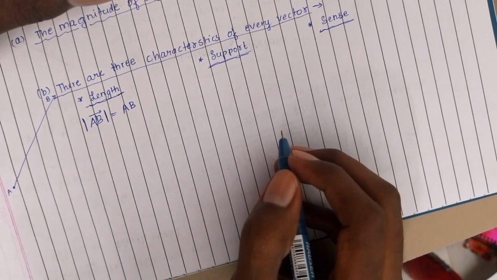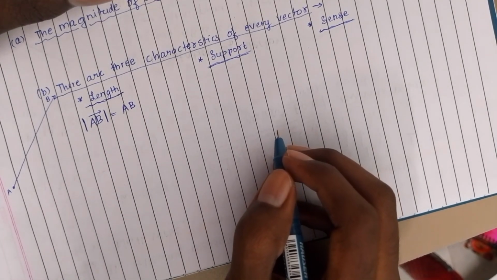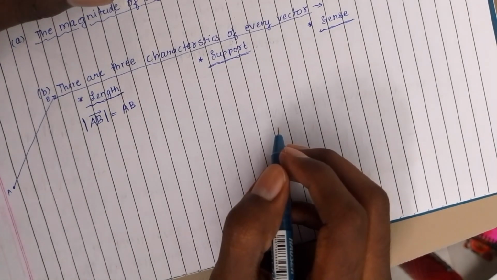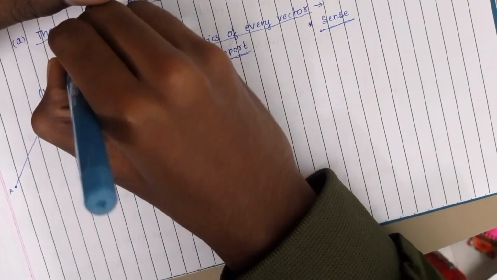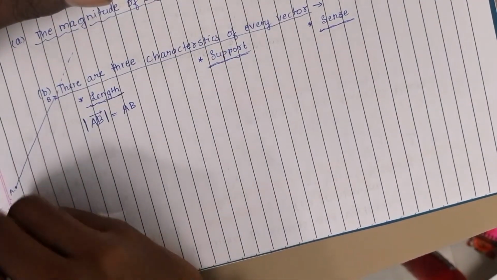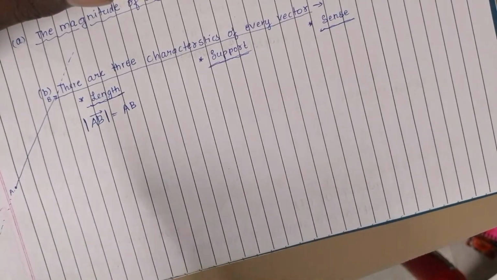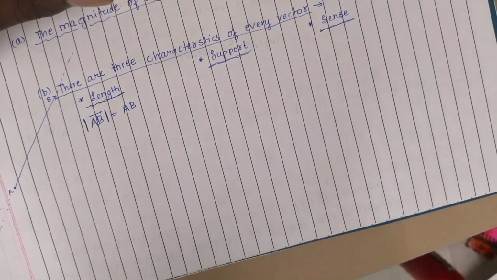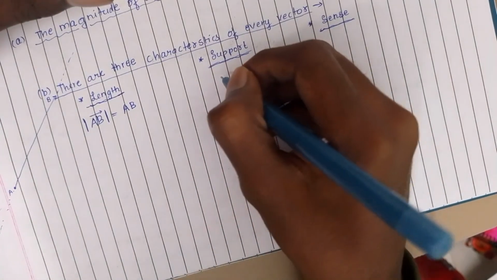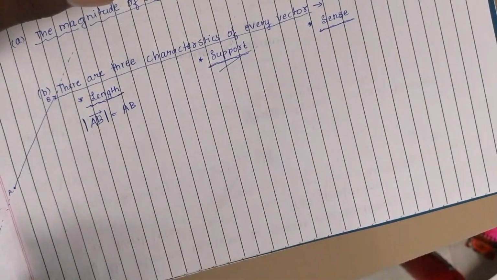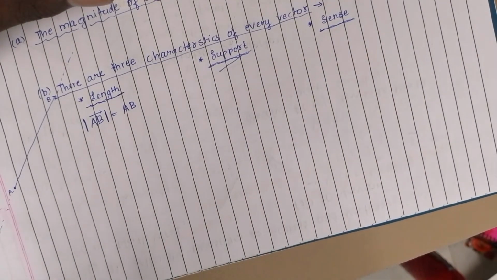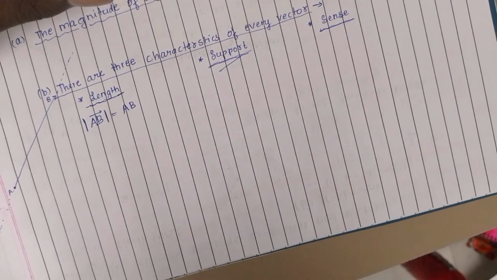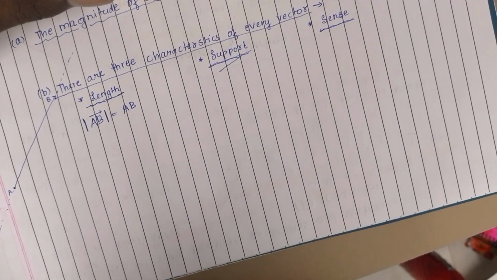Then comes support. The line of unlimited length of which AB is a segment is called the support of vector AB. Maybe this line can be a part of another vector that we don't see, but there is another vector and this is just a part of it. That's what we call support. And the last part is sense. The sense of AB is from A to B and that of BA is from B to A. The sense of a directed line segment is from its initial point to the terminal point.